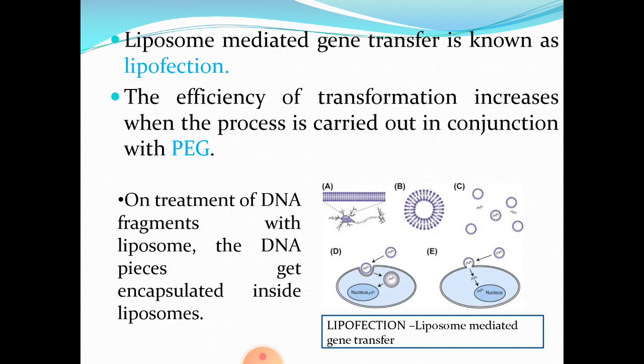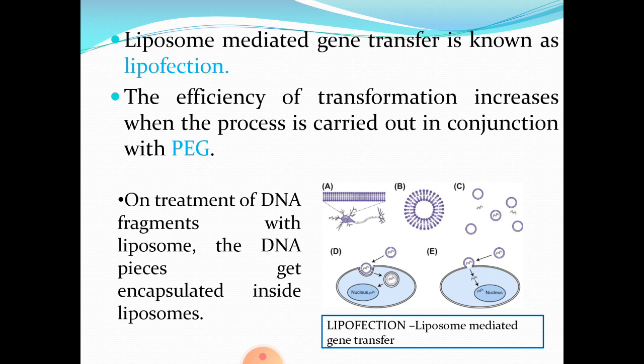What is done in liposuction? You can see the liposome. So here you have DNA fragments. In the first figure A, you can see the straight structure of a liposome. Then you can convert it into a circular structure, what we call liposome. And that has to be mixed with the DNA pieces.